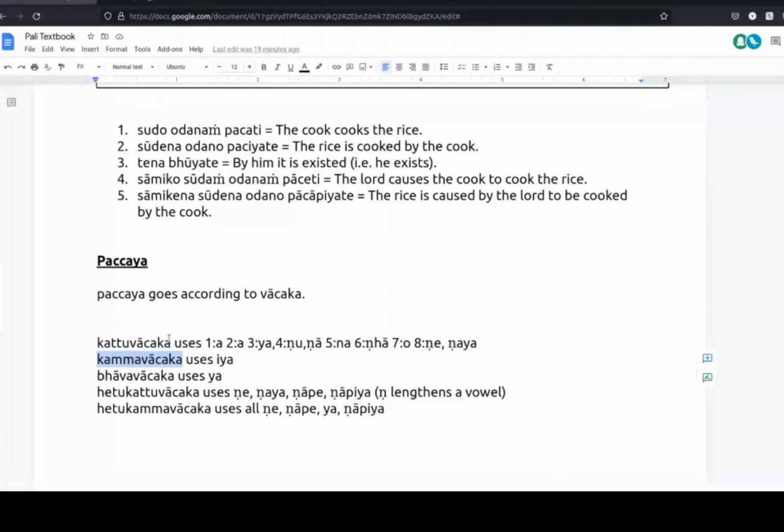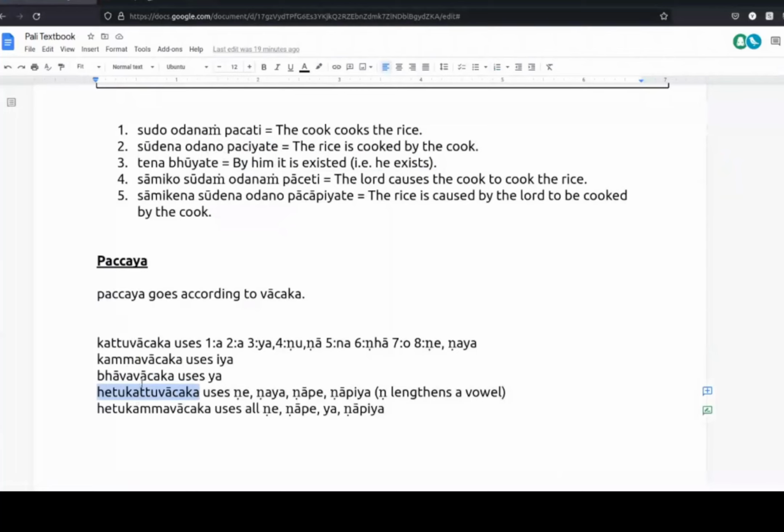Wajika refers to what it's speech about. Bhavavajika is a special case where it's where something exists. By him it existed, i.e. he exists. It's just very rare, but does exist. And then these are the causatives.